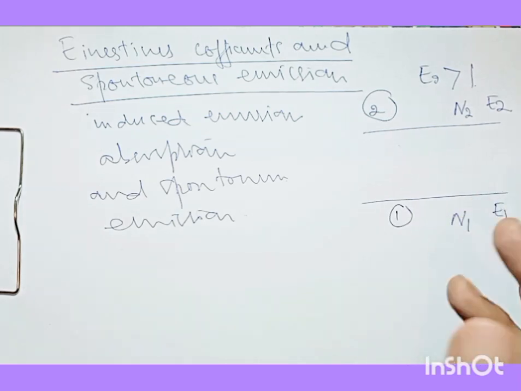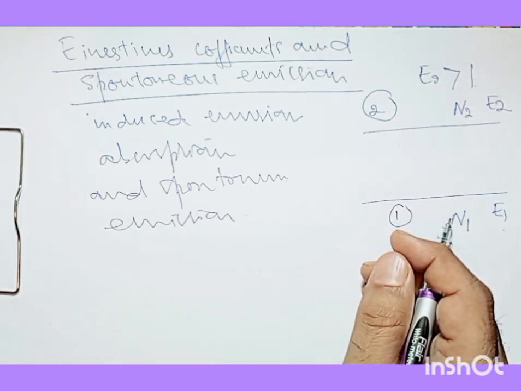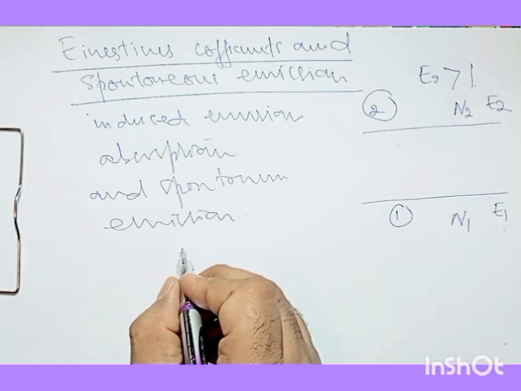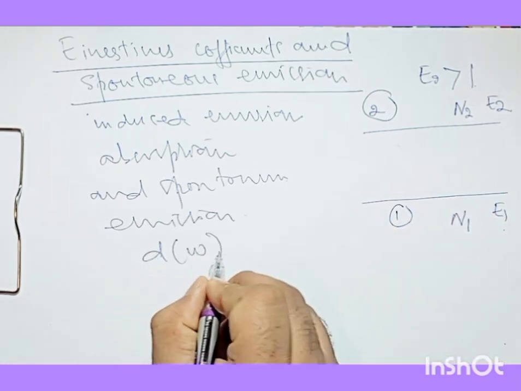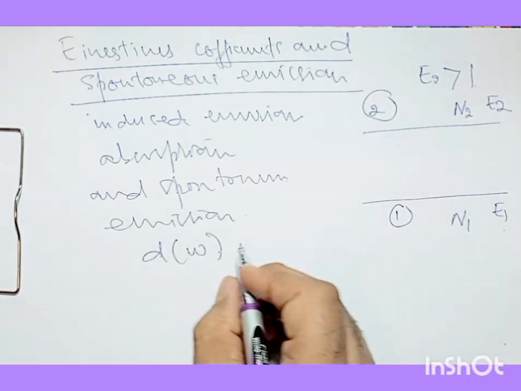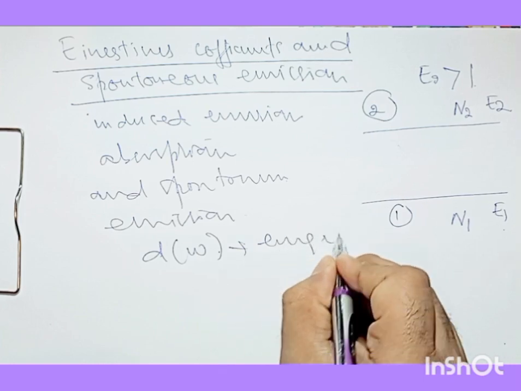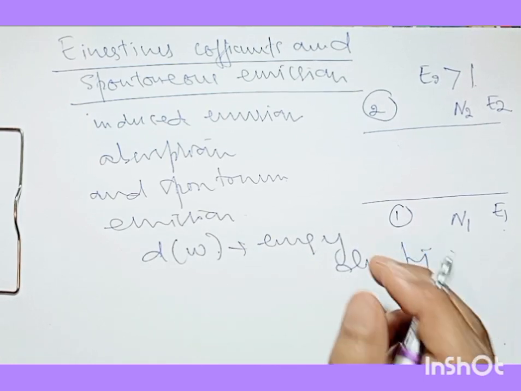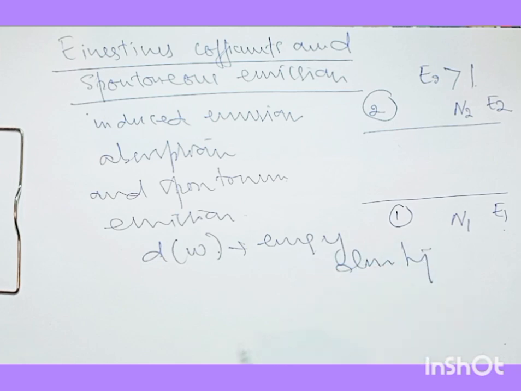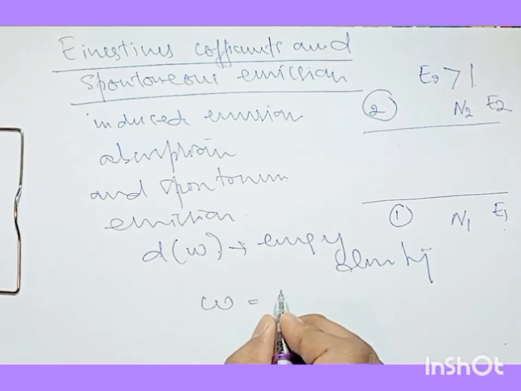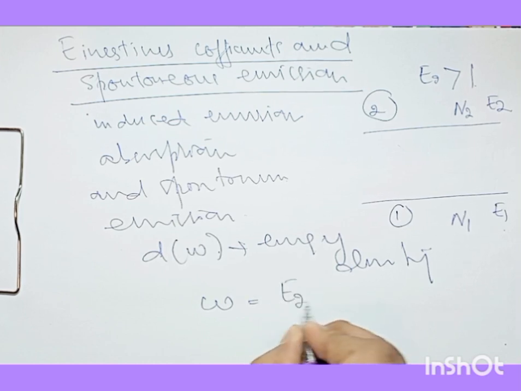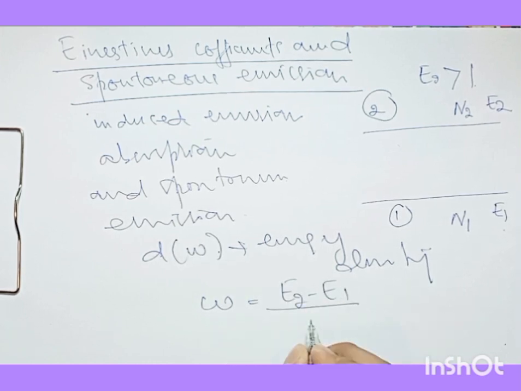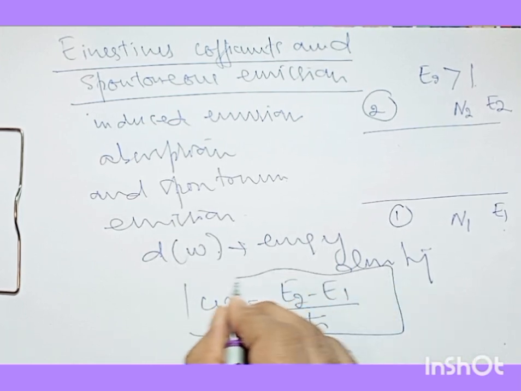Now, its rate depends on the energy density. If I assume that d omega is the energy density, that's associated with the radiation field, whose angular frequency is E2 minus E1 by H cross.